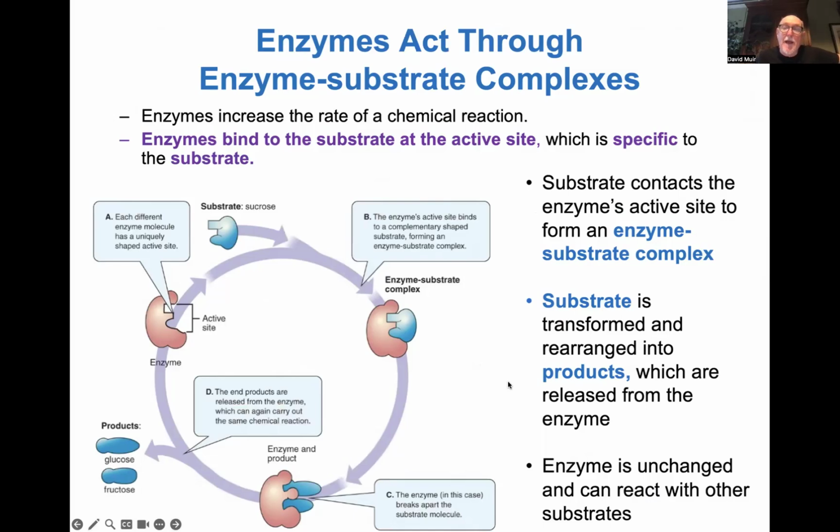They operate by temporarily interacting with the substrates to form a complex. So here's our enzyme here. The enzyme has a very specific area where it will bind the substrates. And once it's bound the substrates, then it can proceed to facilitate the reaction.